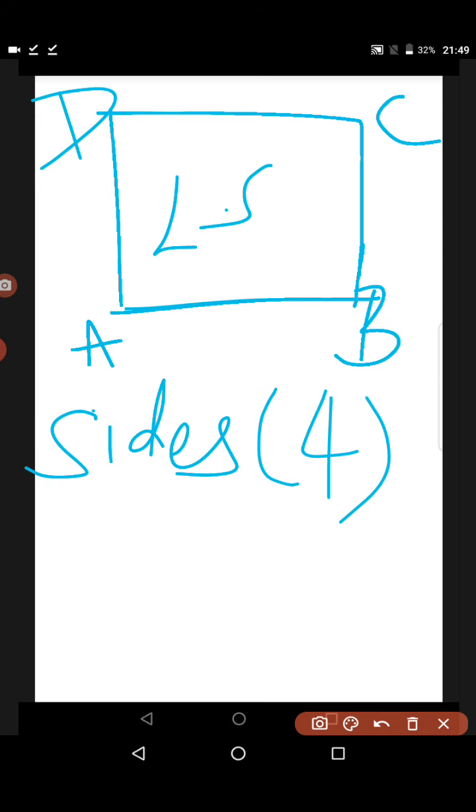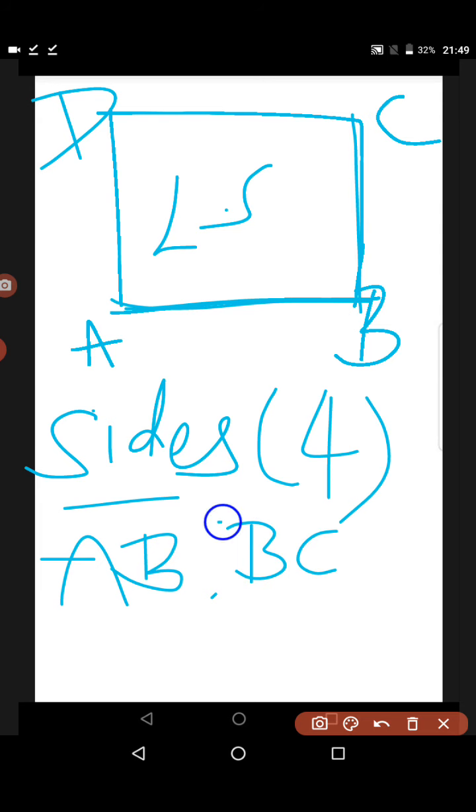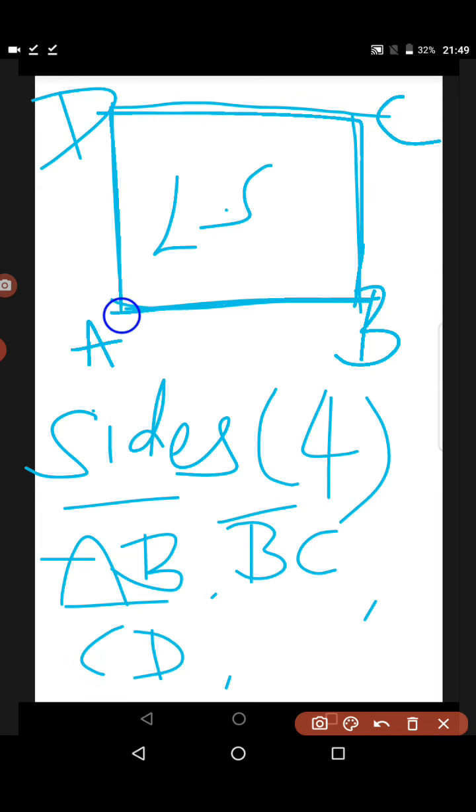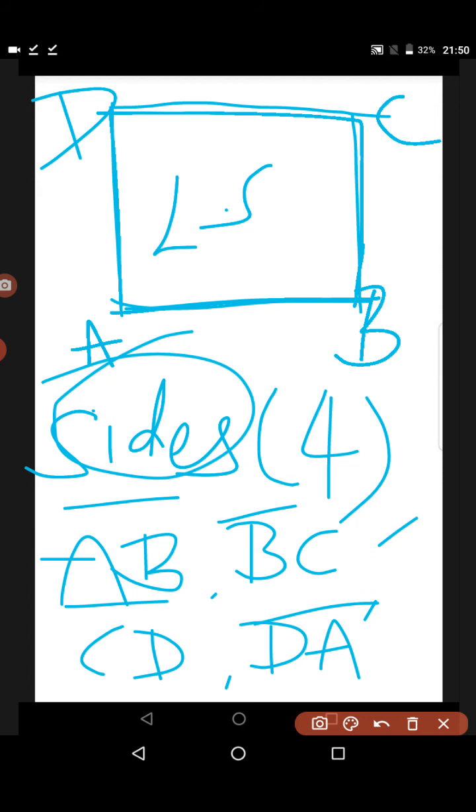You will write line segment AB, BC, CD, and finally DA or AD. In this manner you are supposed to write when they ask you to write the sides of the quadrilateral. Hope it was clear.